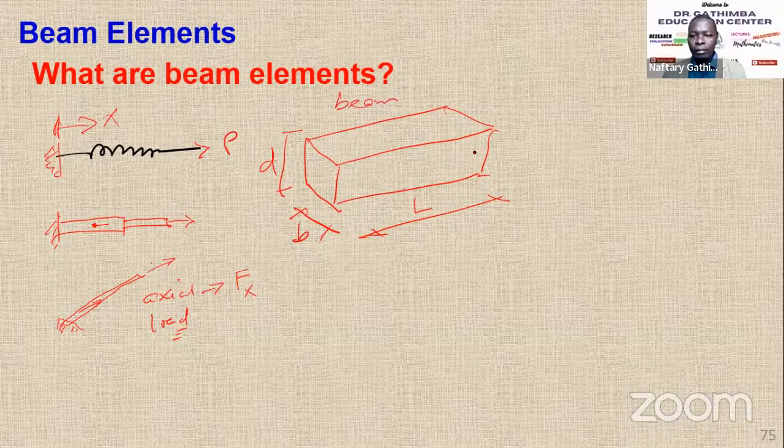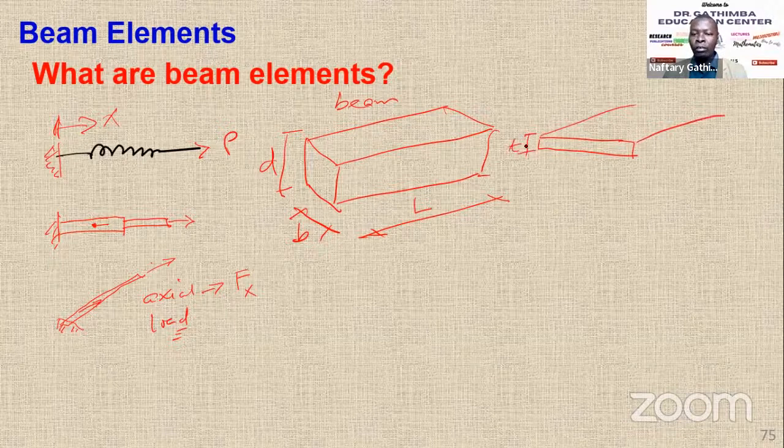You could also have a slab, which has the same dimensions, but the thickness ratio reduces. Then this is the thickness, which we call T, the depth, and then this is the width B. Of course, when you are designing this, we take it as 1 meter, so this is the length per meter run.